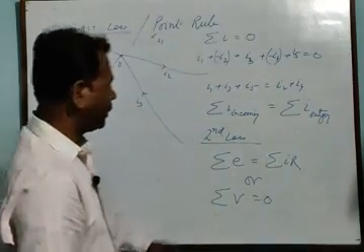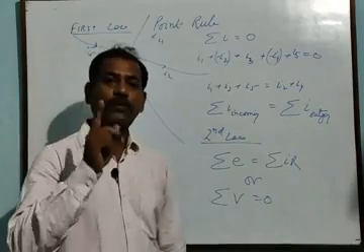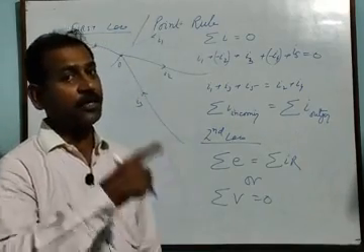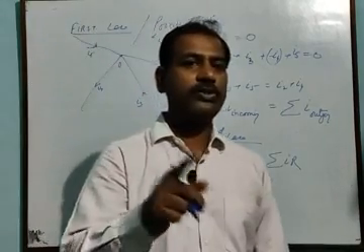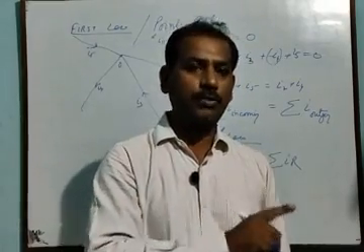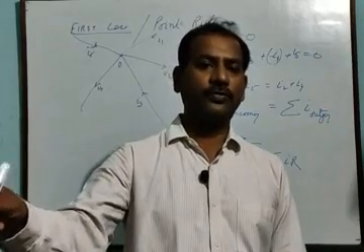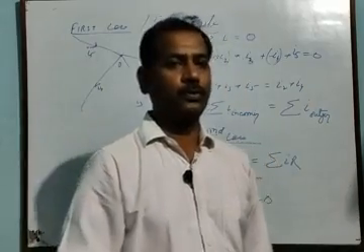If you are taking this one, summation of V is equal to 0. This means you will start from a particular point and again reach that particular point, and the sum total of all the potential drops, whether it is EMF or potential drop, hardly matters. The sum total of all the potential differences from the first point to the last point will be equal to 0.